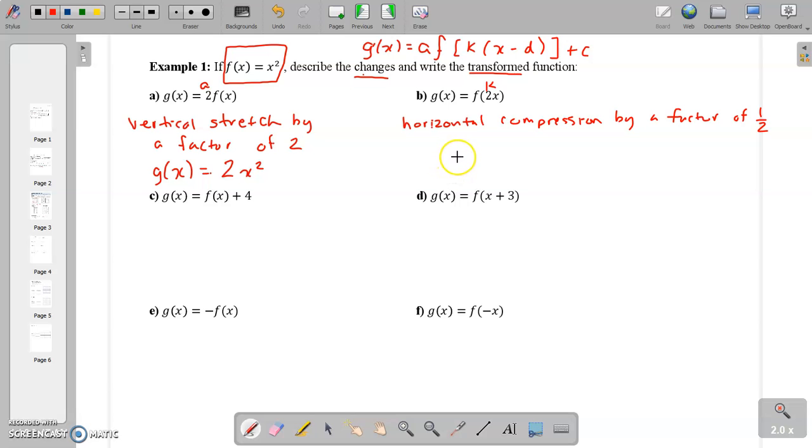And our transformed function will then be g of x equals 2x all squared, where remember x squared is our parent function. So we're taking the original x and multiplying it by 2, so that whole value gets squared.